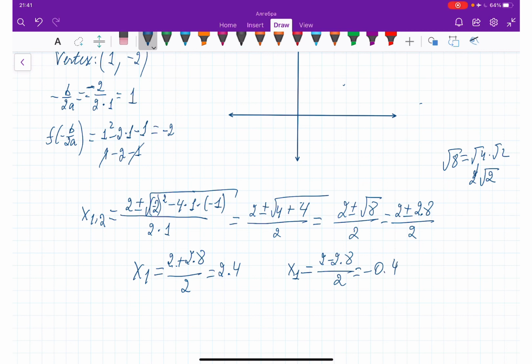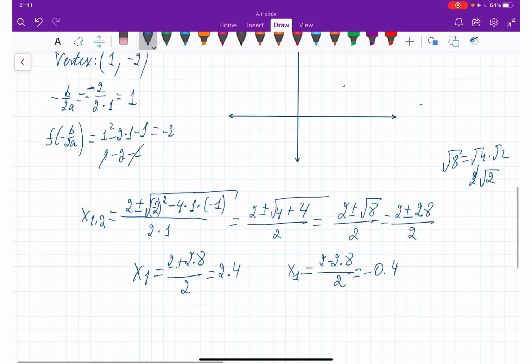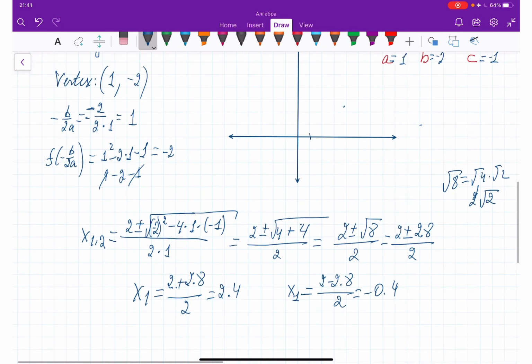Okay, so 2.4 is a little bit less than 5. And negative 0.4, if this is 0.5, then 0.4 will be somewhere here.